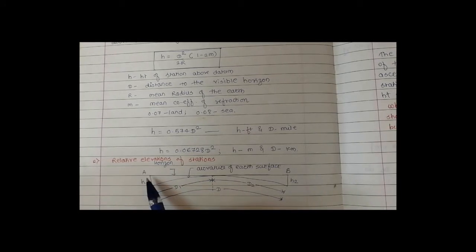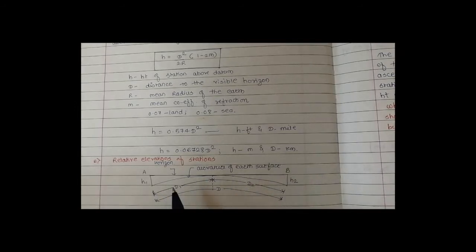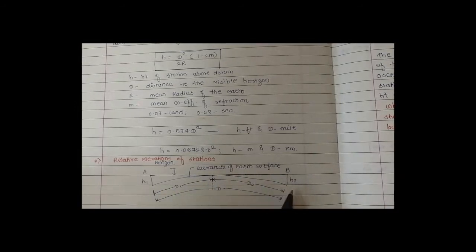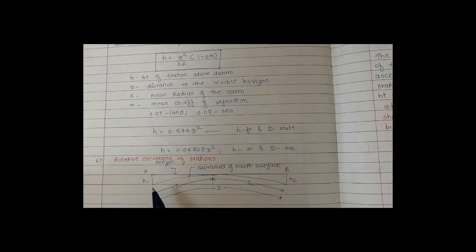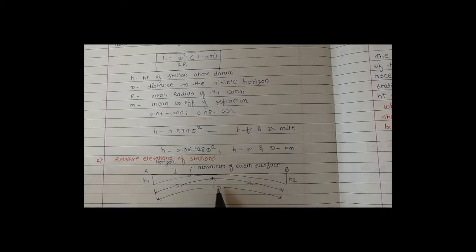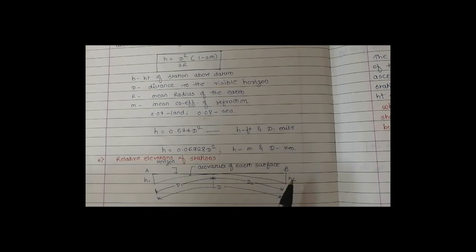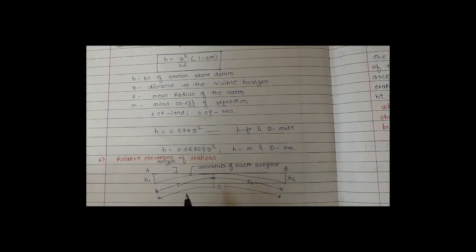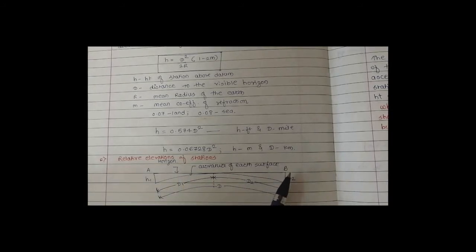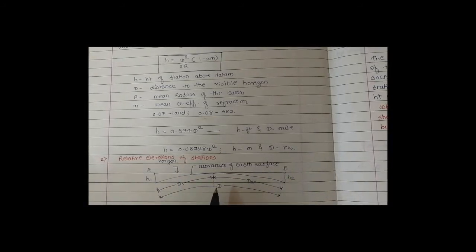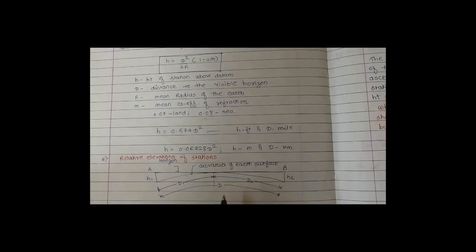Here there are two stations A and B. The distances are very far, so we consider the curvature of the earth here. h1 is the elevation of A, and capital D is the distance between the two stations. Here h2 is the elevation of B. So if you know the elevation of A, from that you can find the elevation of B, provided you know the distance between these two stations.